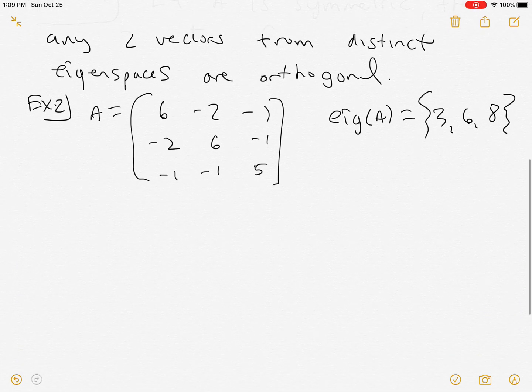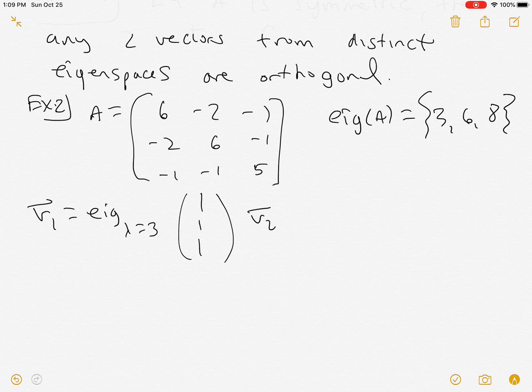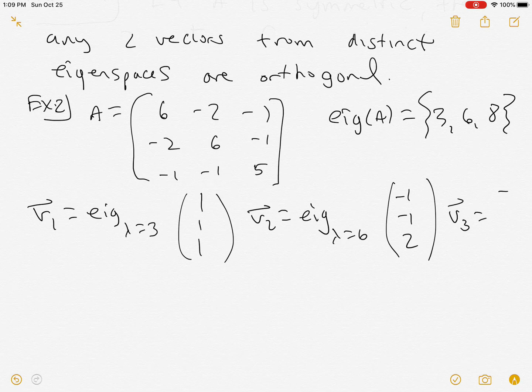And the eigenvectors corresponding to these three: V1 will be the eigenvector corresponding to lambda equals 3. You get 1, 1, 1. Let V2 be the eigenvector corresponding to lambda equals 6, and it's minus 1, minus 1, 2. And then V3, which is the final one, is minus 1, 1, 0. And this corresponds to lambda equaling 8.